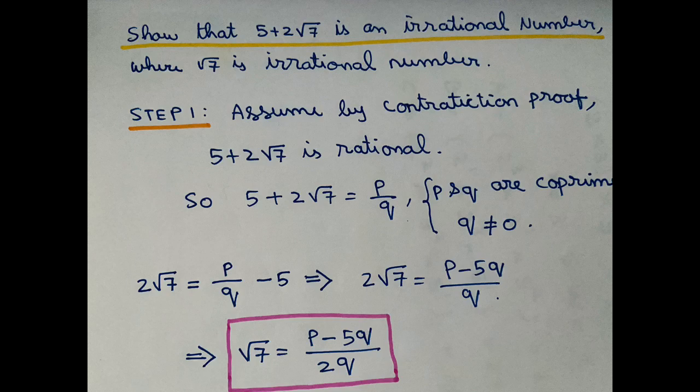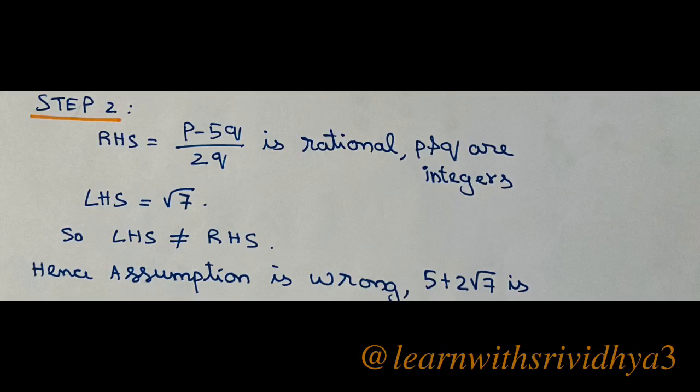Now, left side and right side are not equal, because the right side is completely a rational number and the left side is an irrational number. It is already given in the question. So we can see that both sides are not equal because this side is irrational and the other is rational. Hence, our assumption is wrong. Now we have proved that 5 plus 2 times root 7 is an irrational number.